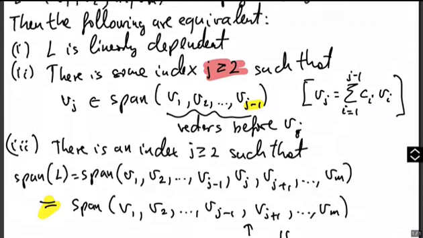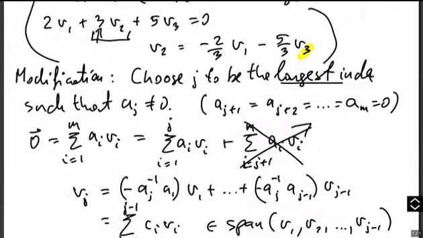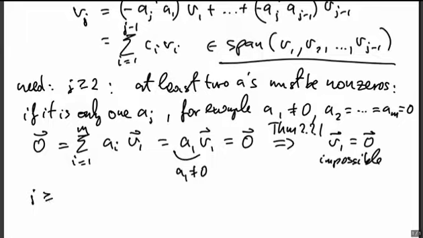That was also a condition: non-zero vectors. So that means we cannot have this case. That means j must be greater than or equal to 2. At least 2 indices are not zeros. And this now really finishes showing that 1 implies 2.